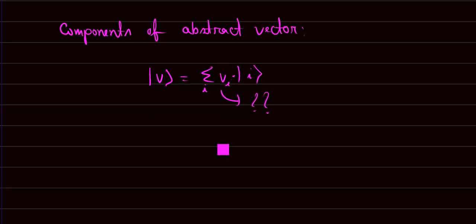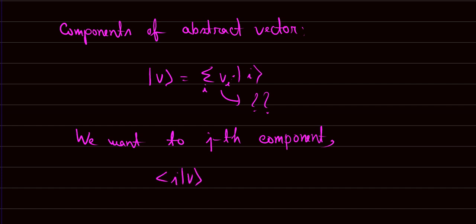Let's say we want to know the jth component of this vector. So we will take the inner product of the jth unit vector and v. It will give us this.